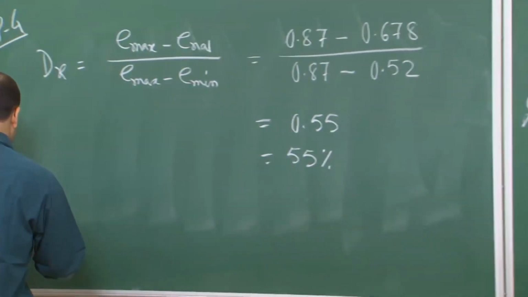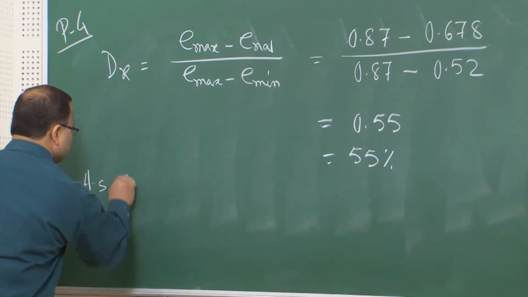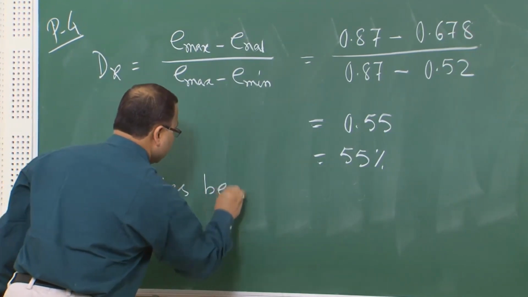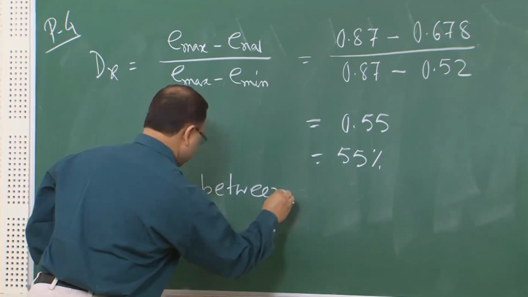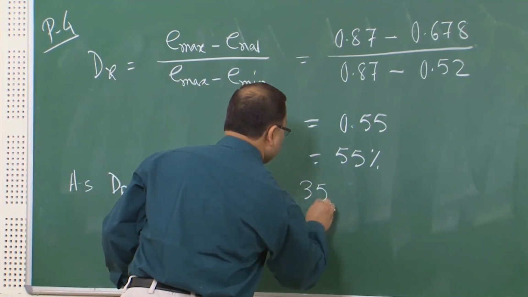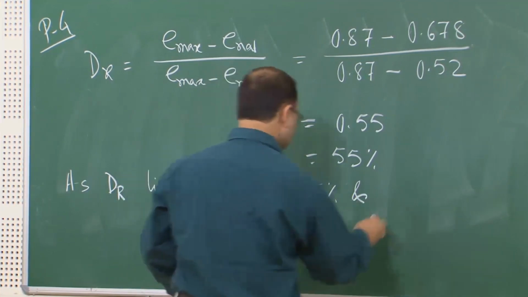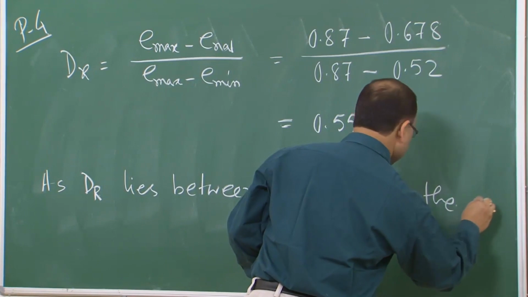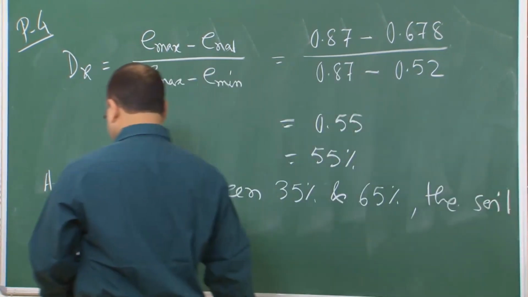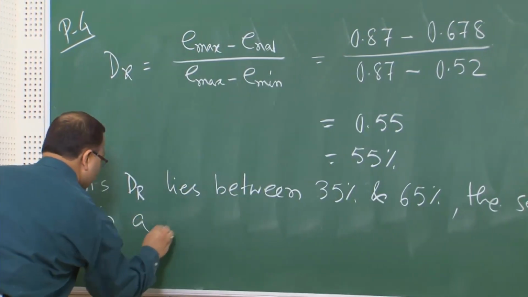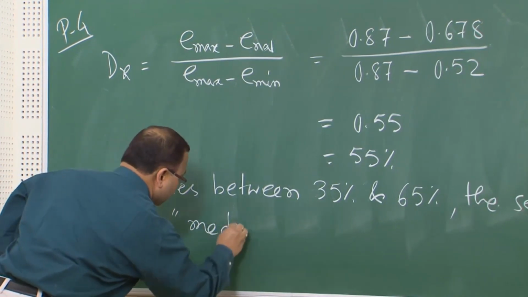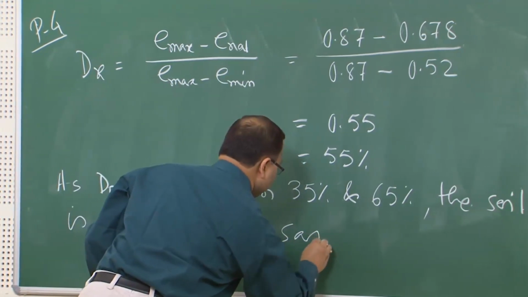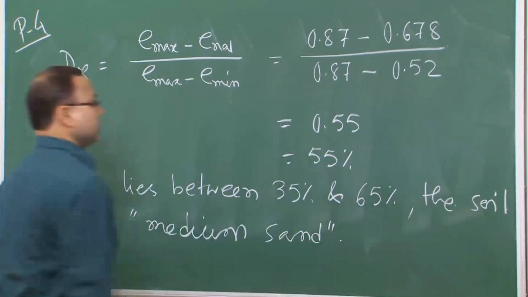As Dr lies between 35% and 65%, the soil is a medium dense sand.